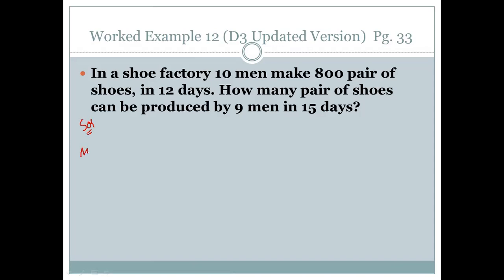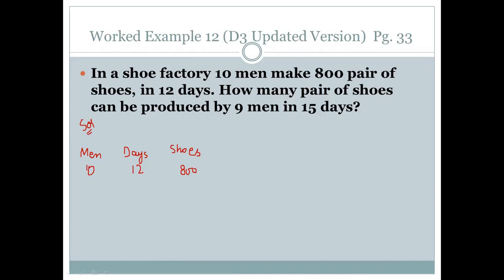Men, then we have days, number of days, then we do have shoes. All right, so now how many men? 10 men can make 800 pairs of shoes in 12 days. All right. Next, how many pairs of shoes?